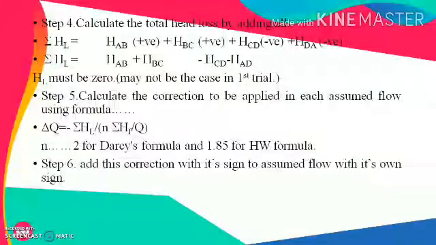Now step 4, calculate the head loss by adding all the head losses. So it will have a sum of HAB plus HBC plus HCD plus HDA. As the head loss through pipe CD and DA has negative value, ultimately the equation will become HAB plus HBC minus HCD minus HAD.